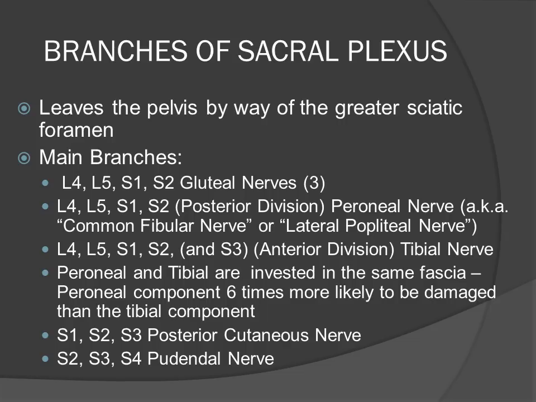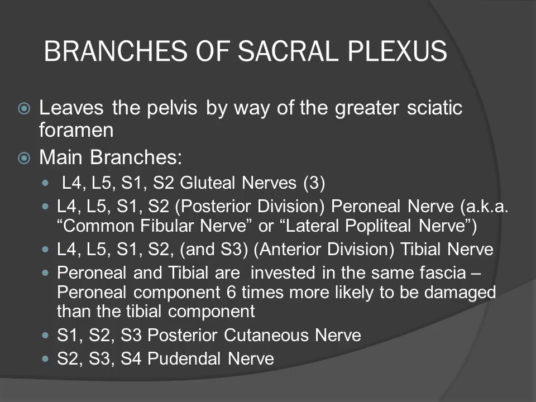Some of the main branches of the sacral plexus are the gluteal nerves. First of all, there are 3 gluteal nerves. Those arise from L4, L5, S1, and S2, and we have the superior gluteal nerve, the inferior gluteal nerve, and the nerve to the piriformis. From the posterior divisions of L4, L5, S1, and S2, we have the peroneal nerve, also known as the common peroneal nerve or the common fibular nerve.